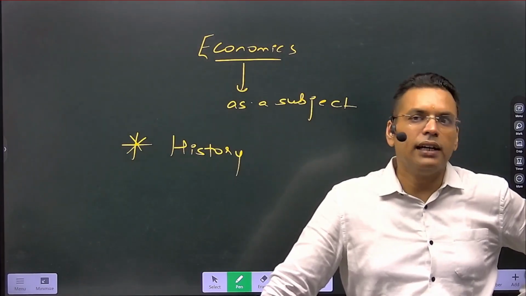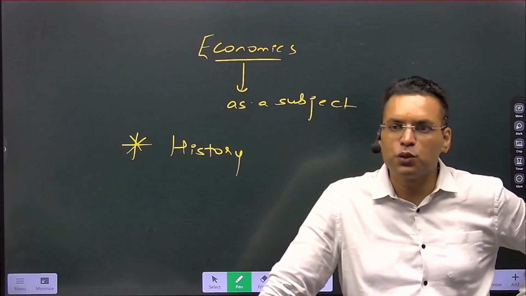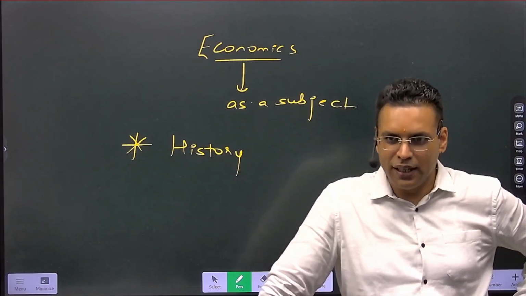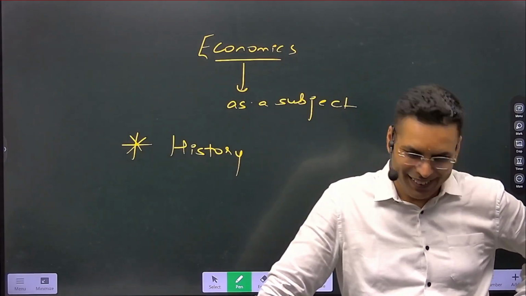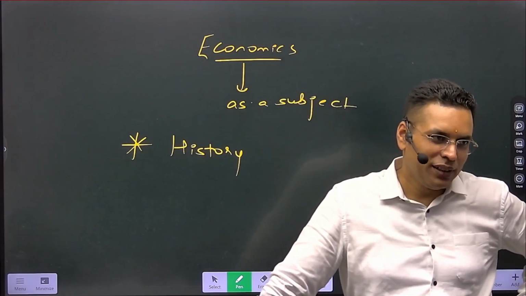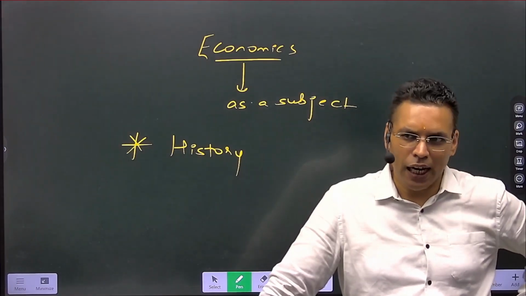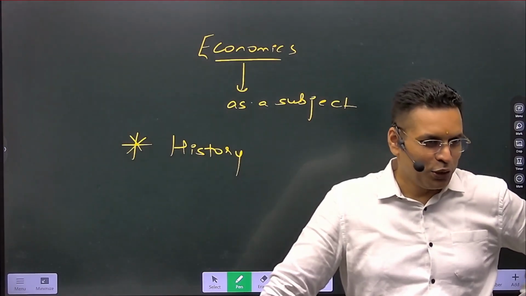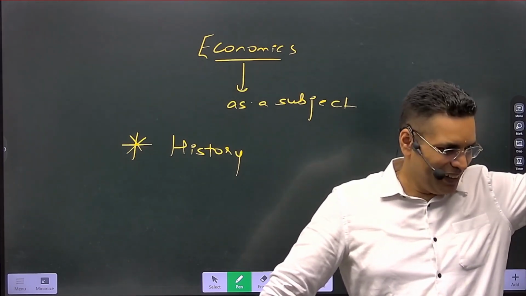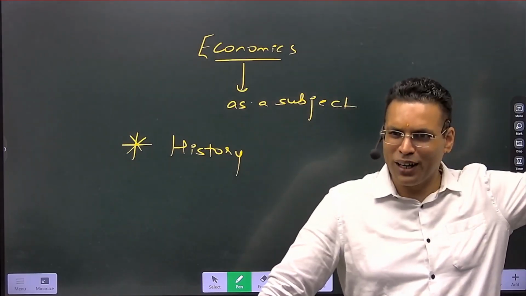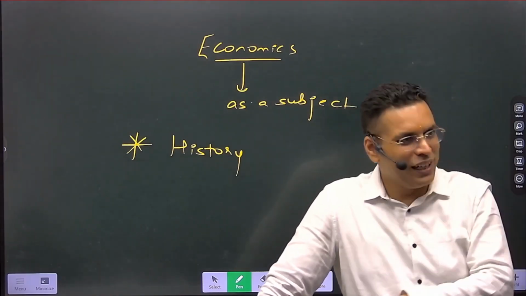So in 1800, what was the population of the world? It was 1 billion. And what is the population of the world right now? 8 billion. So the population has increased from 1 billion, 225 years ago, to 8 times today.